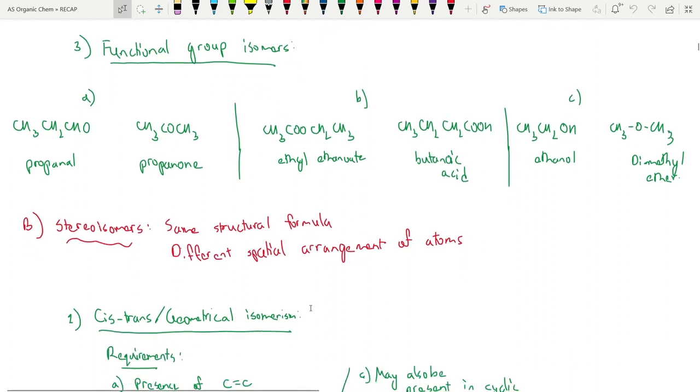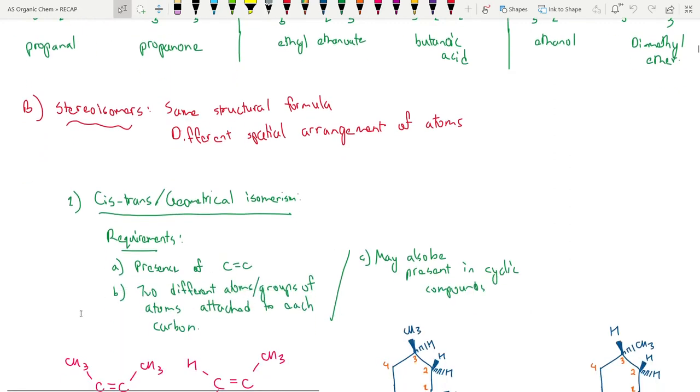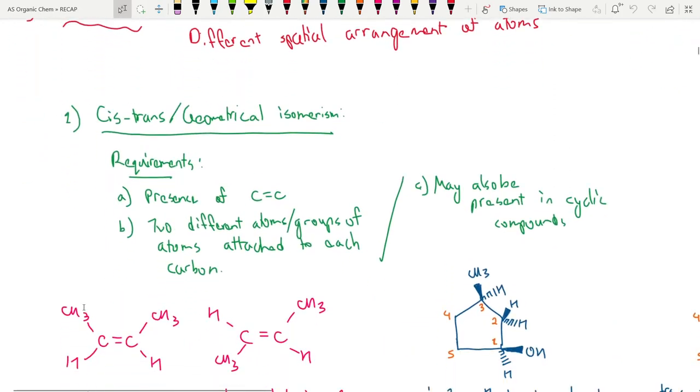Moving on to stereoisomers, they are compounds with the same structural formula but different arrangement of atoms in space, or different spatial arrangement of atoms. They are of two types: cis-trans or geometrical isomers, and on the other hand we have optical isomers. For cis-trans or geometrical isomerism, we require a carbon-carbon double bond, an alkene basically, sp2 carbon, 120 degrees planar, and we need two different atoms or groups of atoms attached to each carbon atom.